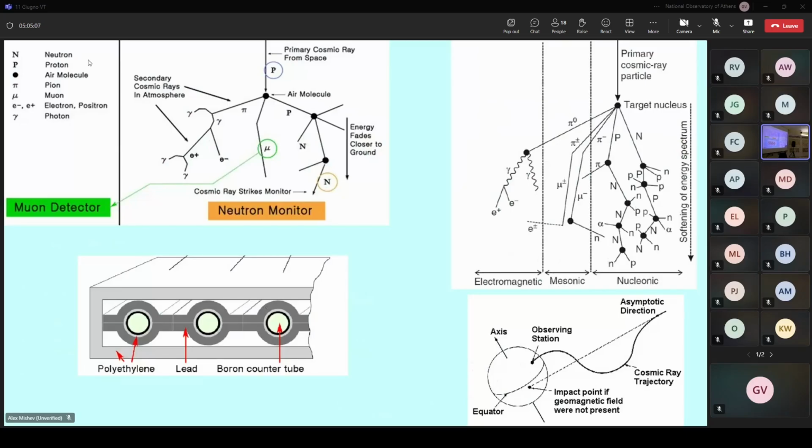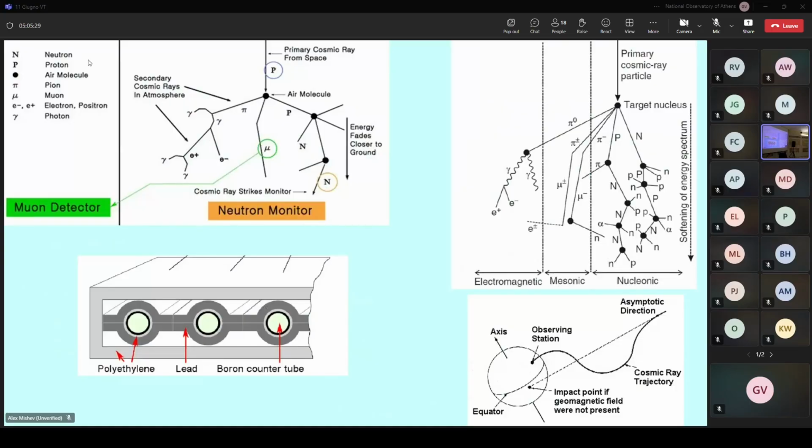And because all the stations are inside the geomagnetosphere, every station is sensitive to a given direction of arrival of the SCPs, that is the asymptotic direction, and for a given energy range.